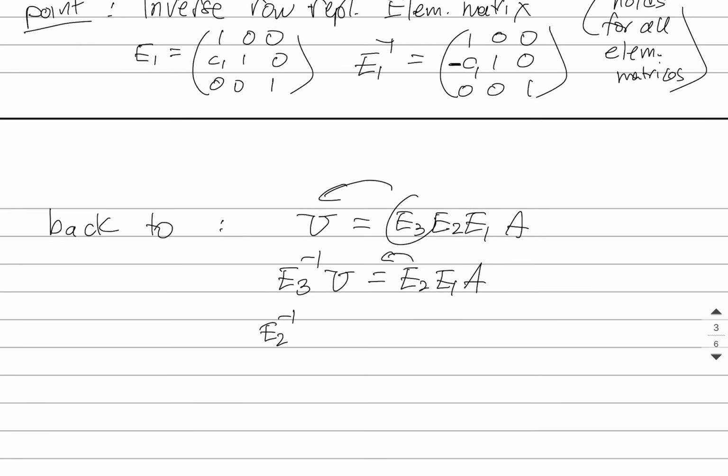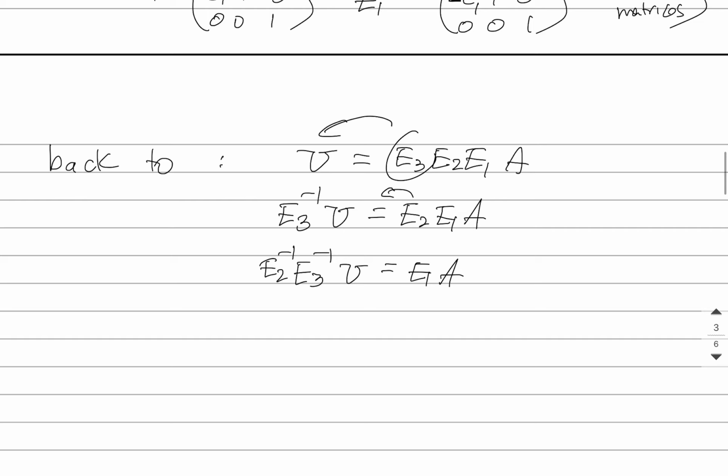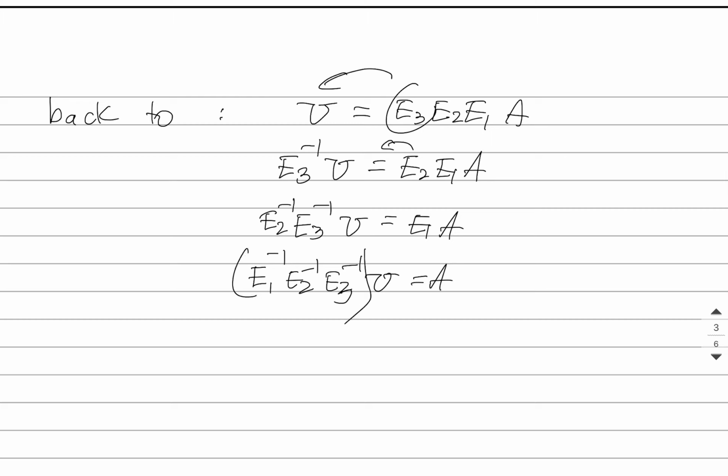Now note, the order of matrix multiplication matters. And finally, what we'll end up getting is this representation: E1 inverse, E2 inverse, E3 inverse times U is A. And so we've managed to remove everything, and we've managed to come up with a factorization for A.